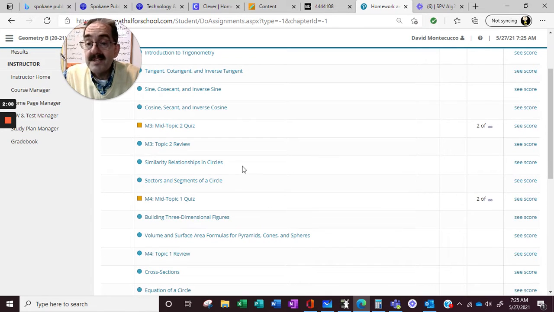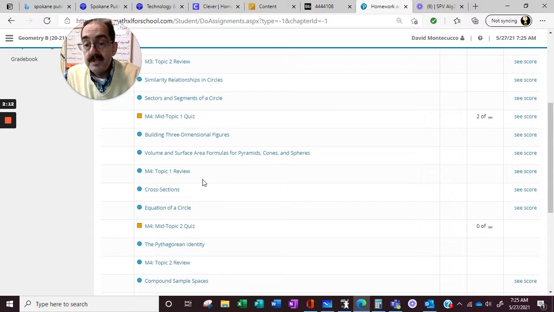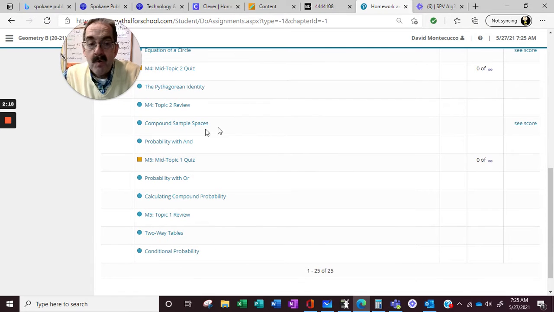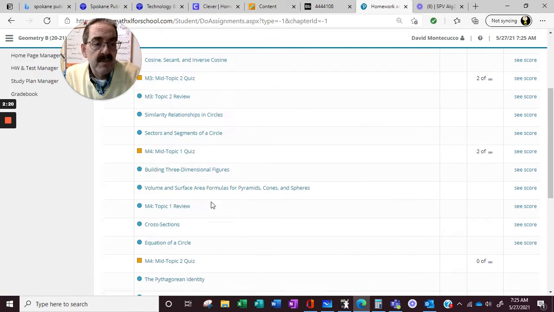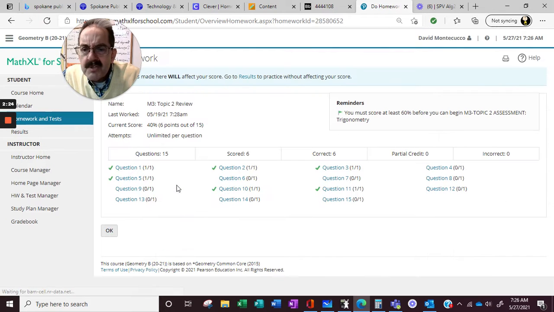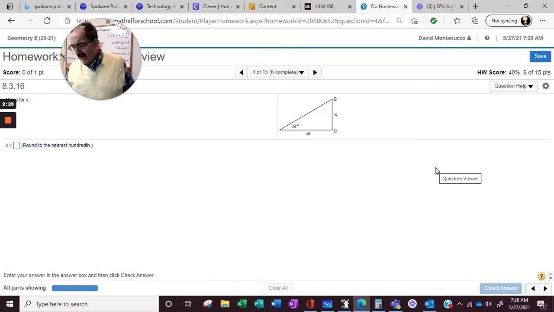And then we got into circles, cheat sheet. 3-dimensional figures, cheat sheet. We didn't do equations of a circle, so if you don't want to do that, just skip it. And now we're into probability. Okay, so let's jump into a review problem on trigonometry. Let's do a couple from each, and we'll just do that the next 3 weeks.